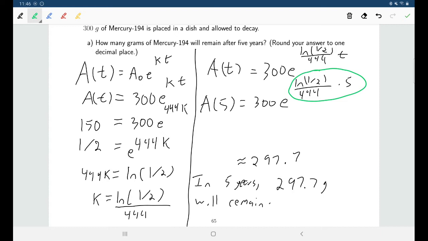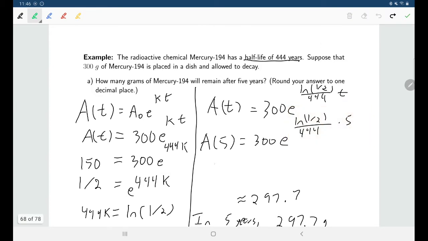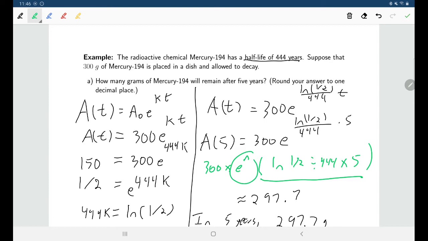So if you were entering that in your calculator, you might enter that as 300 times e to the power of, and then left bracket, natural log of 1/2 divided by 444 multiplied by 5, right bracket. So by putting brackets around all this, then when I calculate it, e to the power of, it'll have all of that being the exponent.